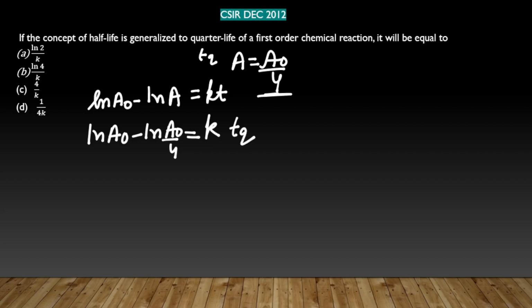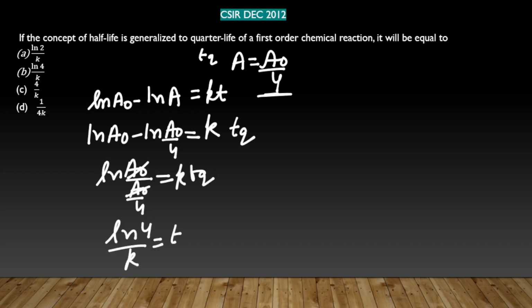Right? So we can write this as natural log of A naught upon A naught by 4, which is k t quarter. So A naught and A naught will get cancelled out. ln of 4 by k is going to be equal to your t quarter. So this is going to be the answer, which is in option B. It is given to us.